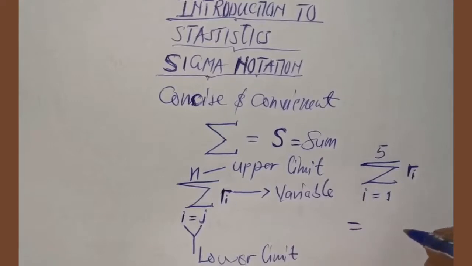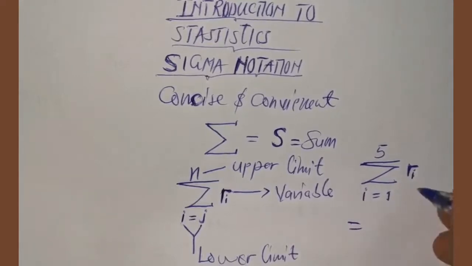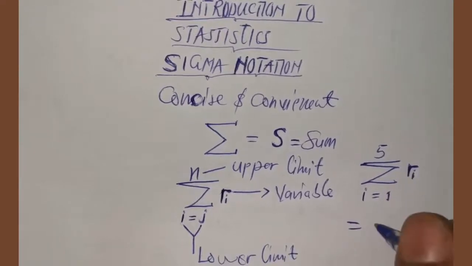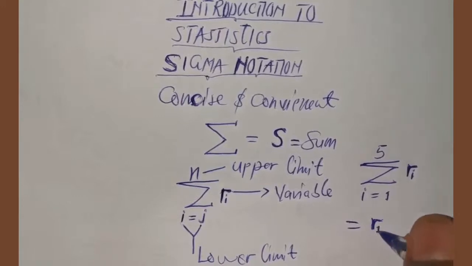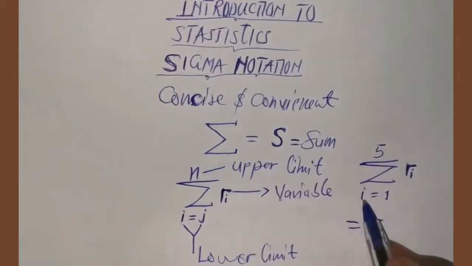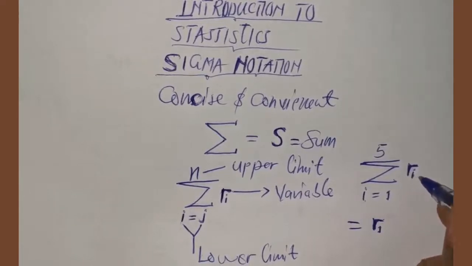To work this out, first of all, the i should be 1. So here, where the i is, you're going to have r_1. You see, the i is where the r will start, because it plays as a subscript.